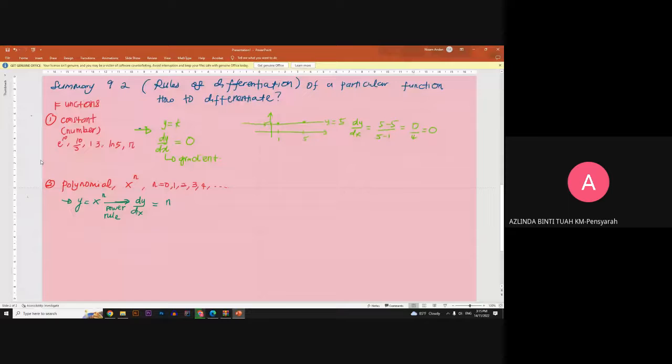Bring down the power, power minus 1, and differentiate inside the bracket. Differentiate inside the bracket, we have x. Okay, for applying power rule, we have 3 steps. So at the end, kita akan dapat n x power of n minus 1. Because differentiation of x is equal to 1. Okay, itu power rule.